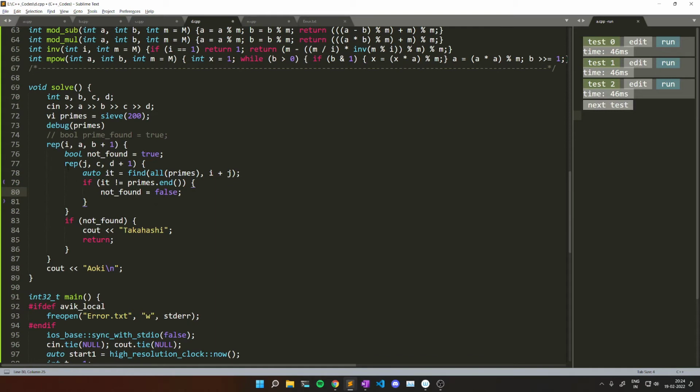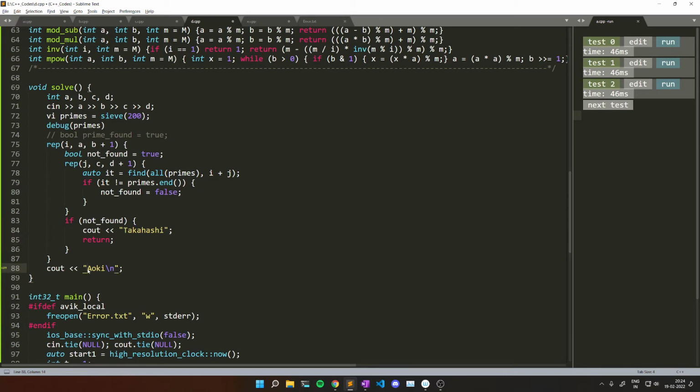Now after checking all the values of J between C and D, if I never found a J for which I plus J is a prime number, that means if Takahashi chooses this I, Aoki can never make a prime number from it. So in that case I simply print Takahashi, because Takahashi will win by choosing this I, and I return from the function.